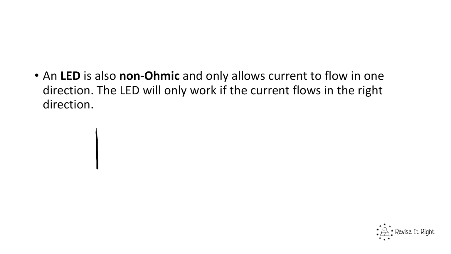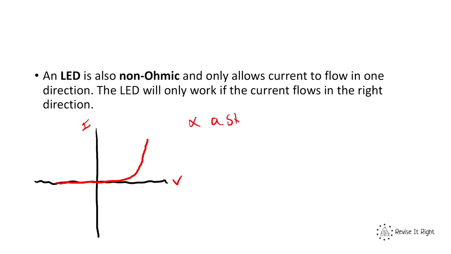So the IV graph for our LED, and we'll change the colour so you can see this happening, looks like this. Our IV graph for our LED is not a straight line. Therefore, it is not an ohmic conductor.